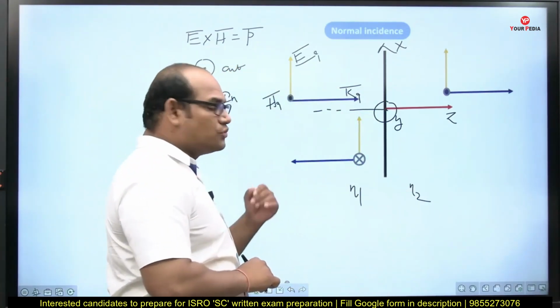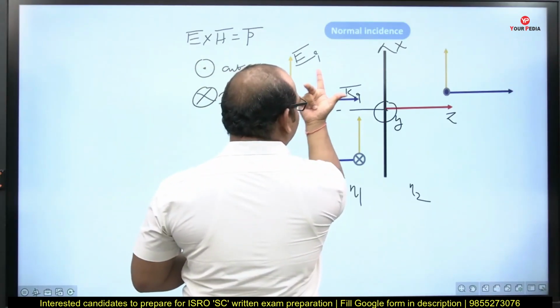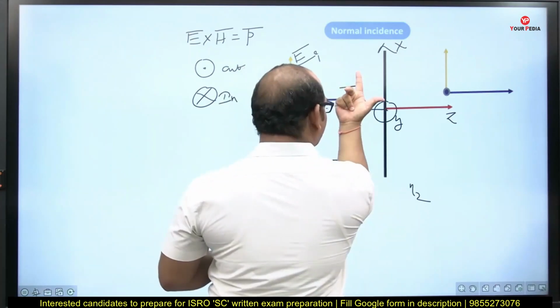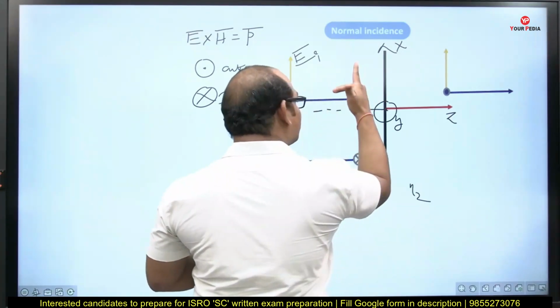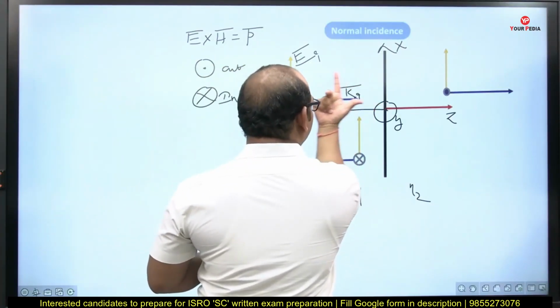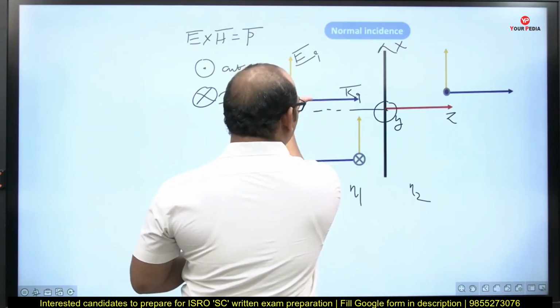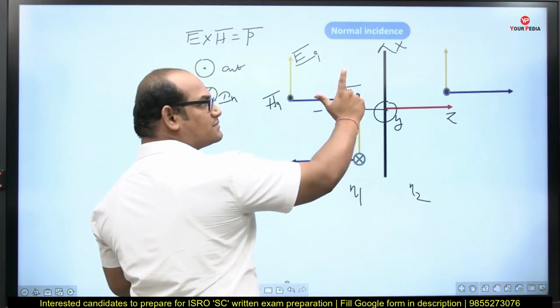Now coming to the reflected wave. In this manner the wave is transmitted and incident on the interface, and because of the impedance mismatch it is reflected back. You see how I changed the fingers of my right hand. We have incident and suddenly it is reflected back like this.